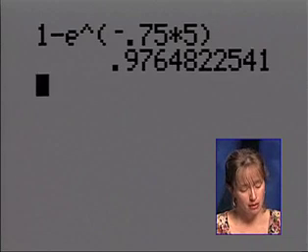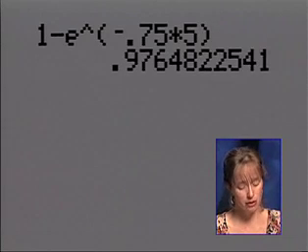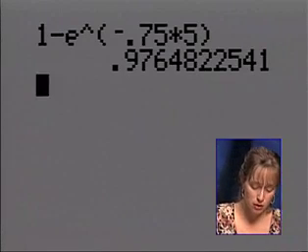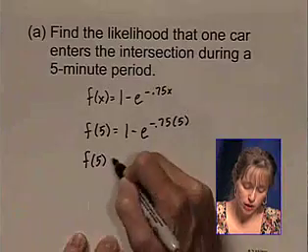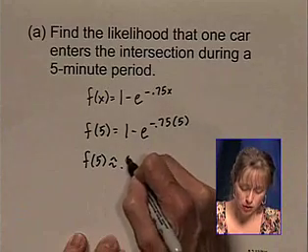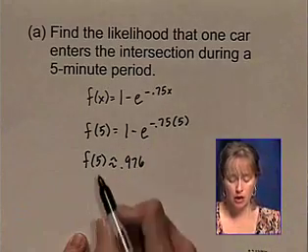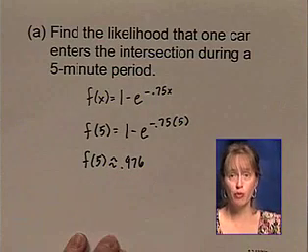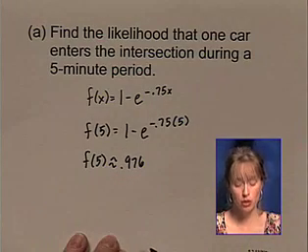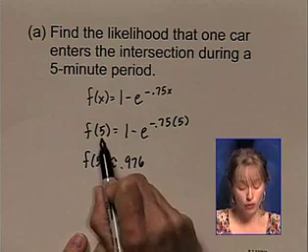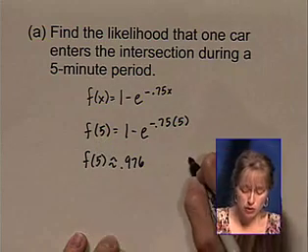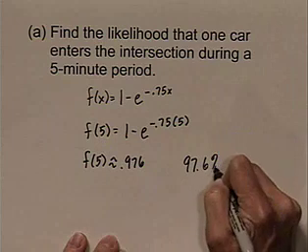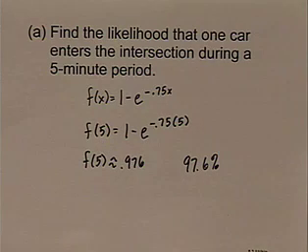Pushing enter, I get a number that looks like 0.976 if we were to round. So I can say f of 5 is pretty close to 0.976. Remember that f is the probability that at least one car enters the intersection over a 5-minute interval. So we'll say that there's a 97.6% probability that a car will enter the intersection on a 5-minute interval.